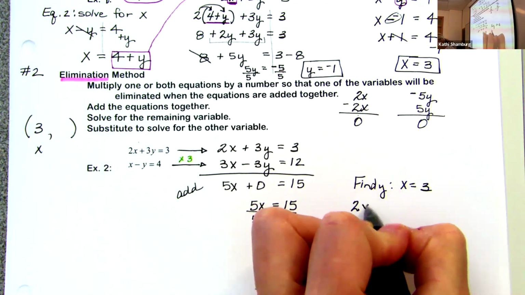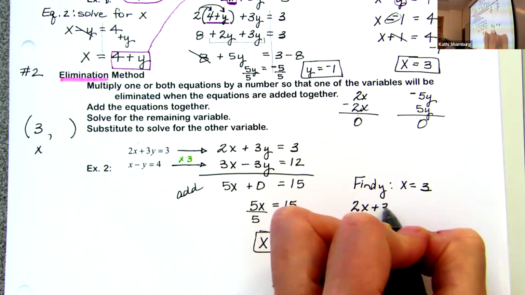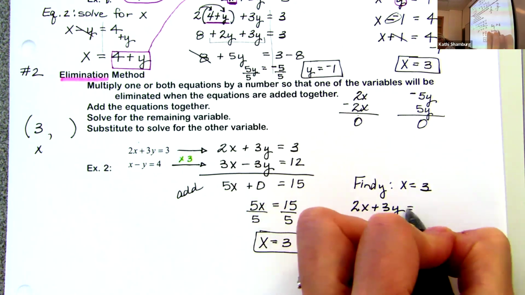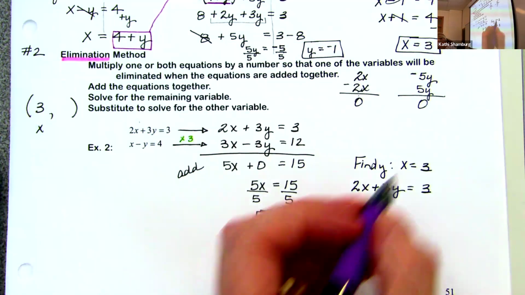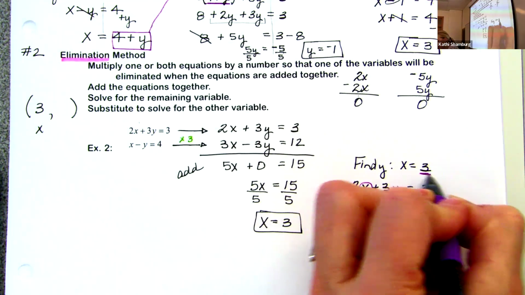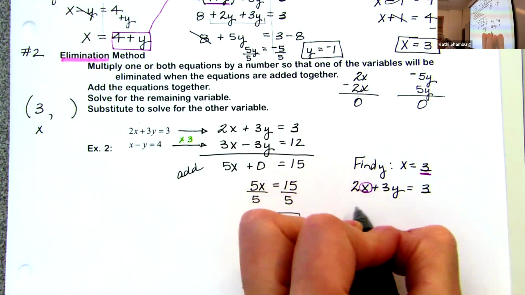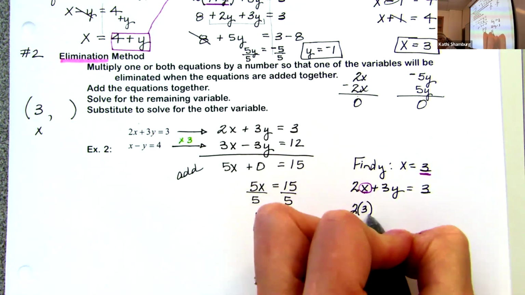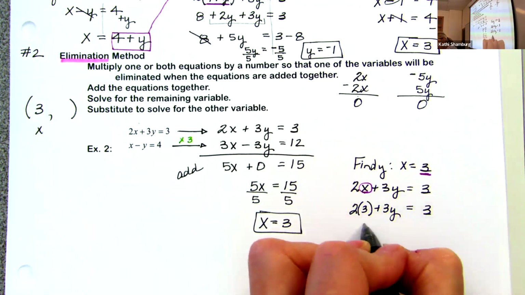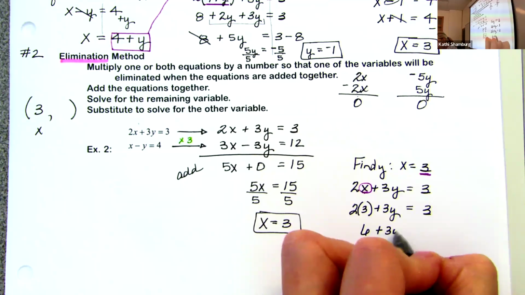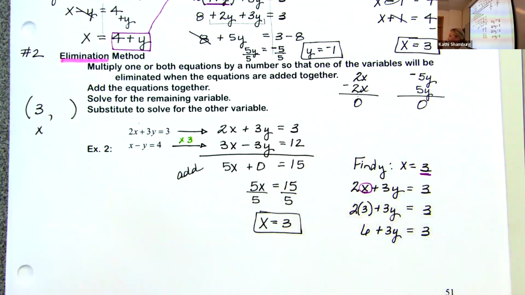So 2x plus 3y equals 3. I meant to put that in there, but I'll just rewrite the equation. All right, so in place of x, we're going to put 3. So 2 times 3 plus 3 times y equals 3, which is 6 plus 3y equals 3.